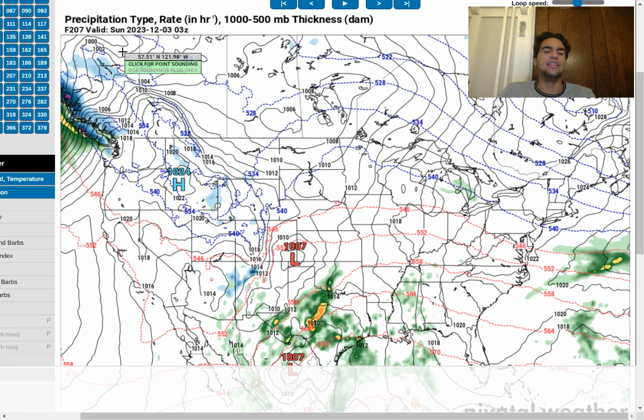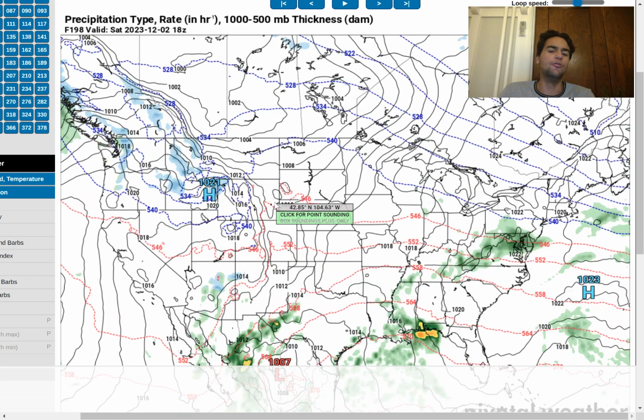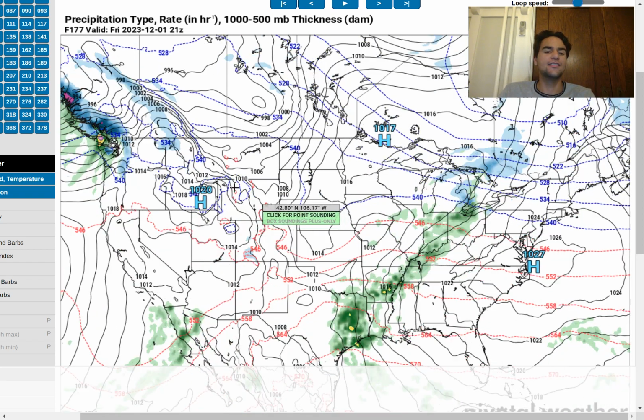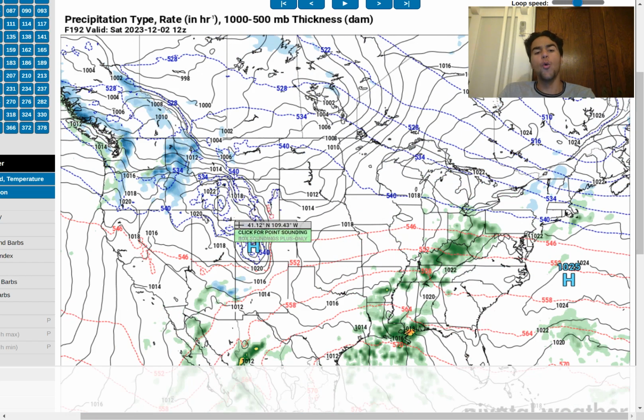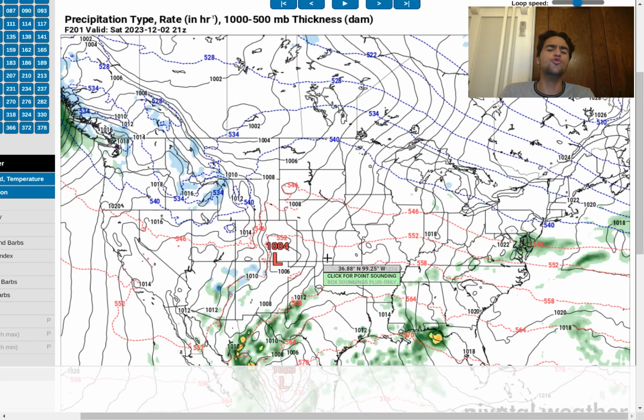Taking a look at the Sunday, December 3rd time frame, we're seeing very heavy rainfall right over Texas. There is a decent amount of cold air thanks to another small low pressure system that's not visible on the GFS model's map, but it certainly exists, and this cold air will certainly enhance the air pressure along the surface for the convective activity to increase.